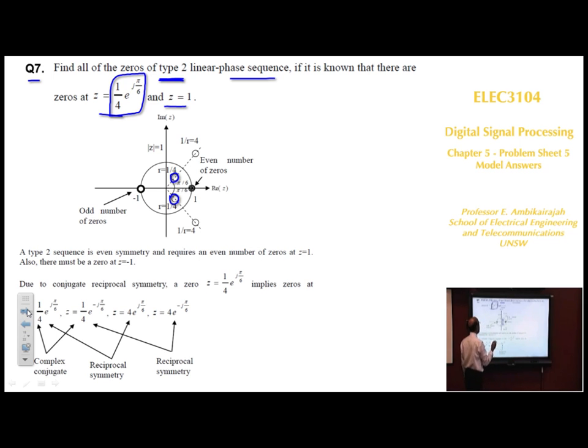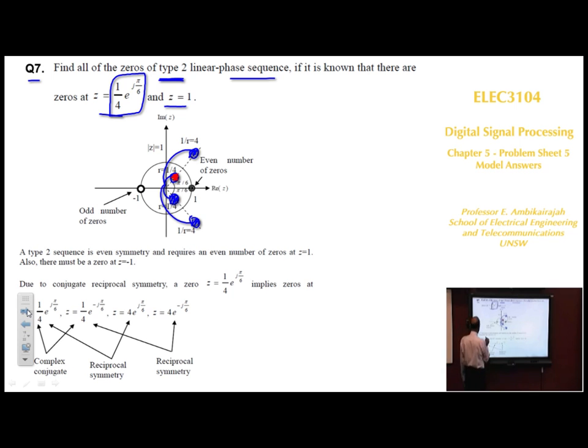And in the type 2 linear phase, this value should be the reciprocal of that. So you should have a zero there, and that value should be the reciprocal, you should have a zero. So by putting that, this is the only one given to you. Now you have introduced this one, and this one. That's how you get the linear phase sequence.